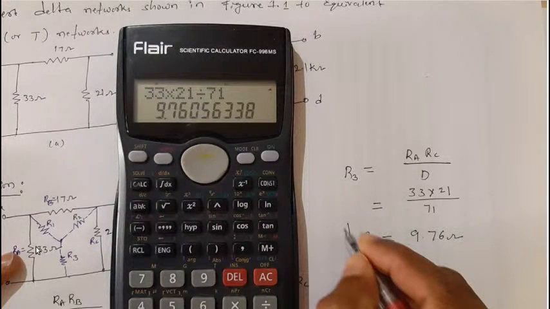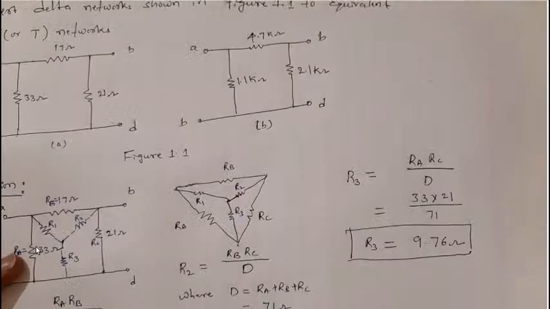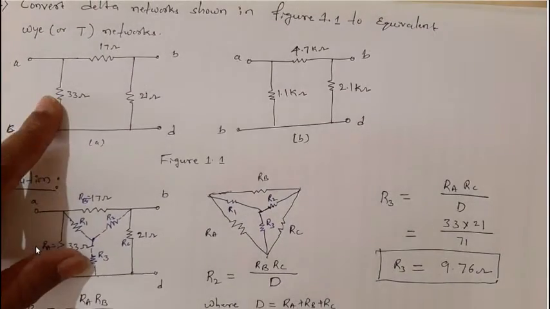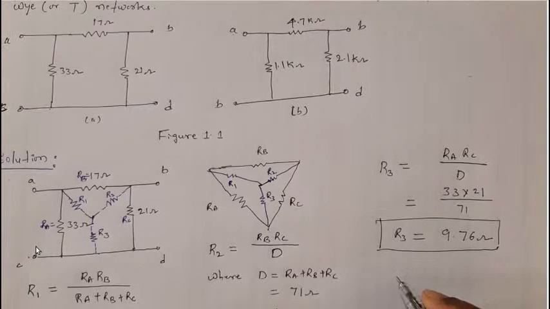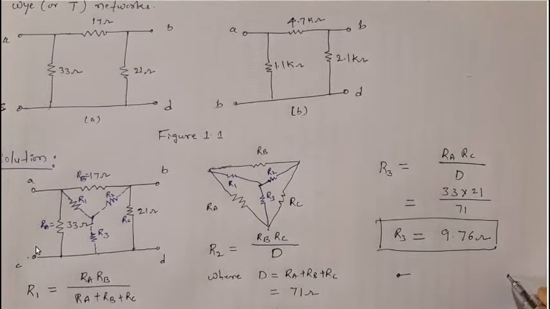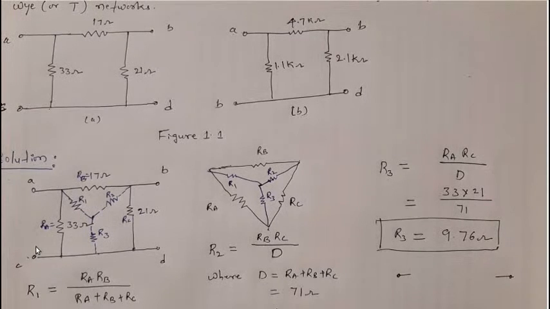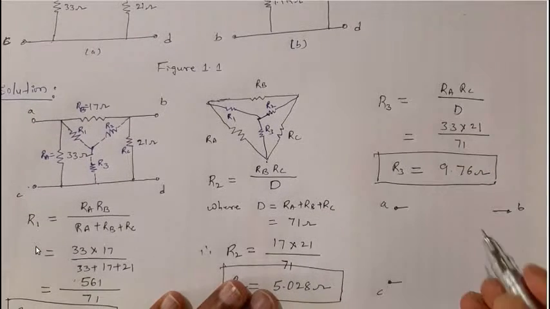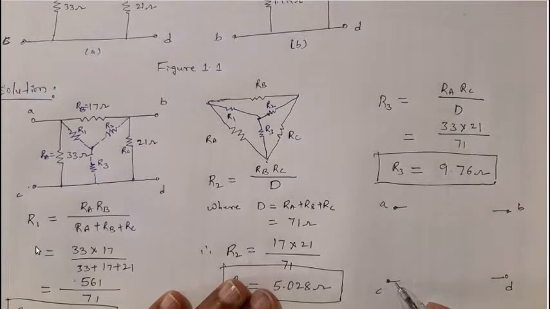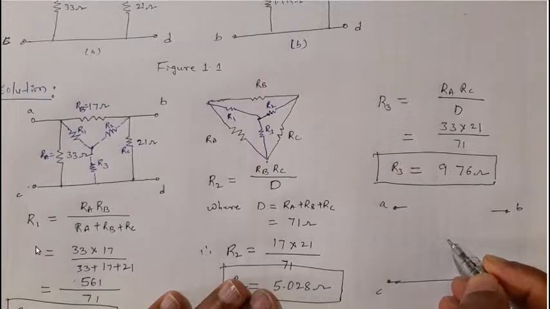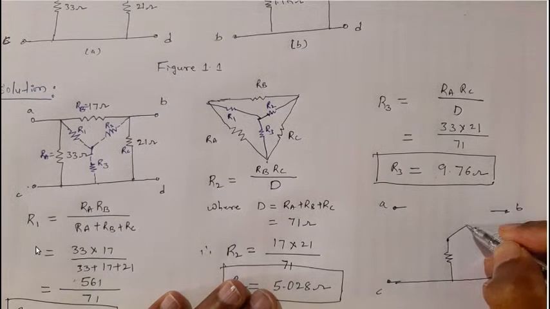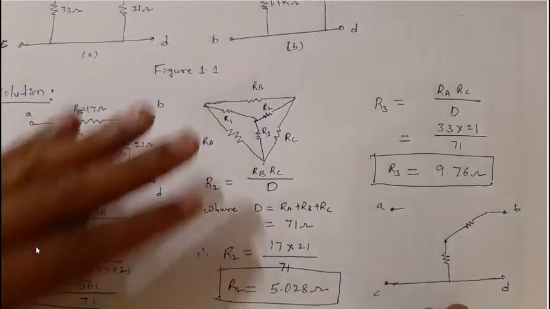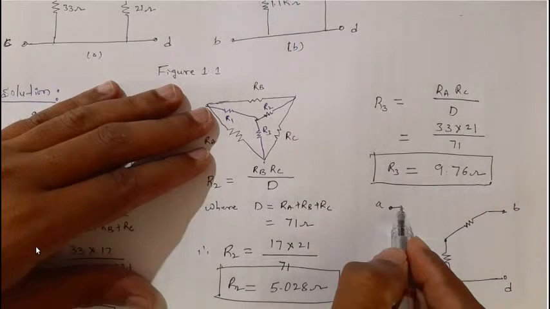Now between A, B, C, D, the given network can be redrawn, so I will redraw the given network between A, B, C, D. This is point A, this is point B, and here point C. I will directly join CD, and here is one resistor, another resistor, and this one is the third resistor.